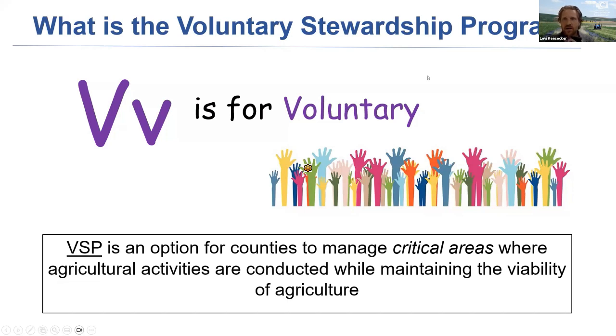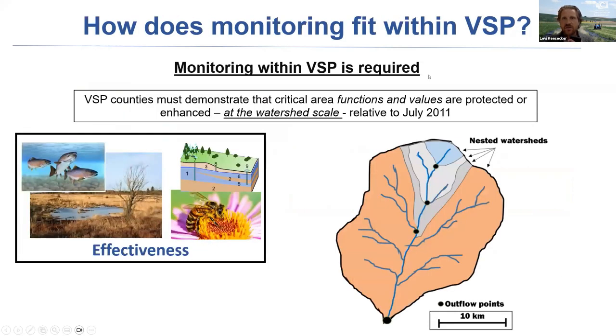And so as part of this voluntary approach, you have to do monitoring. So the monitoring is not voluntary. The monitoring is required to demonstrate that the voluntary efforts or activities to protect critical areas in a county are actually working, right?